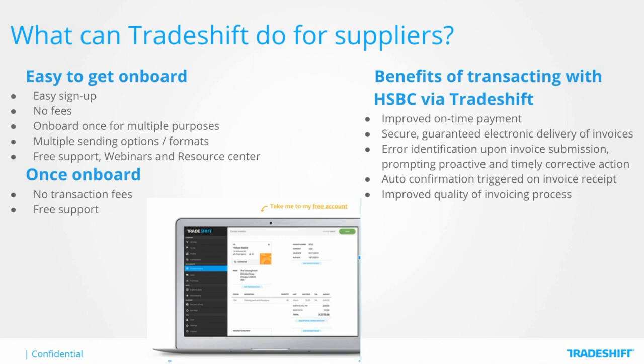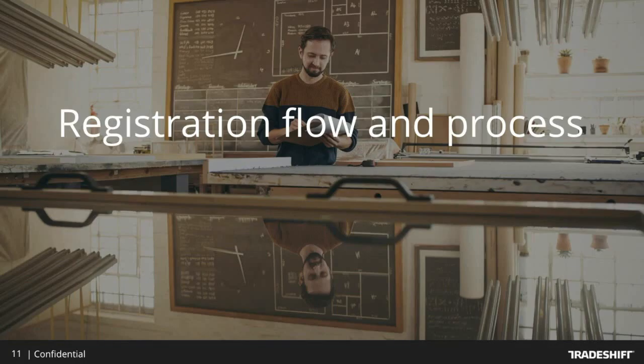Because of the validation rules in place, you receive proactive notification allowing you to take timely corrective action before HSBC receive the document, reducing exception handling and rejection at a later date. And this improves the quality of invoice processing on the HSBC side.